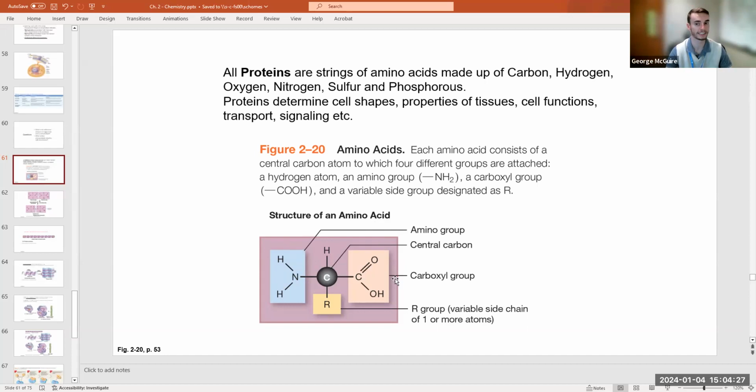So every amino acid has a carboxyl group bonded to that central carbon, a lone hydrogen, and an amino group. But then the 4th bond here is this R group or variable group, which is going to be different for each of the 20 amino acids that living things utilize.